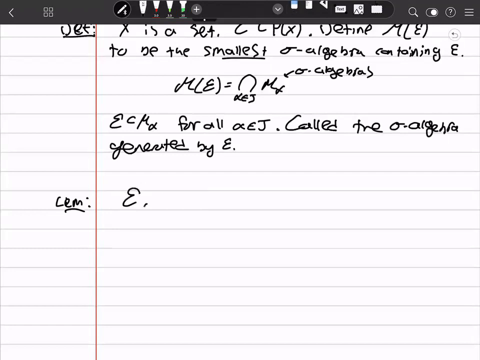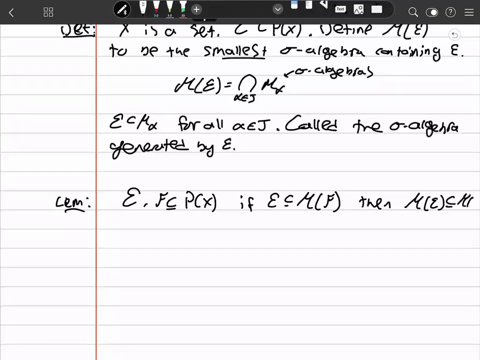E and F are subsets of the power set of X, so these are just collections of subsets of X. And if E is contained in the sigma algebra generated by F, then the sigma algebra generated by E is contained in the sigma algebra generated by F. This is one of the strongest statements that we can say about the constructivity of sigma algebras.